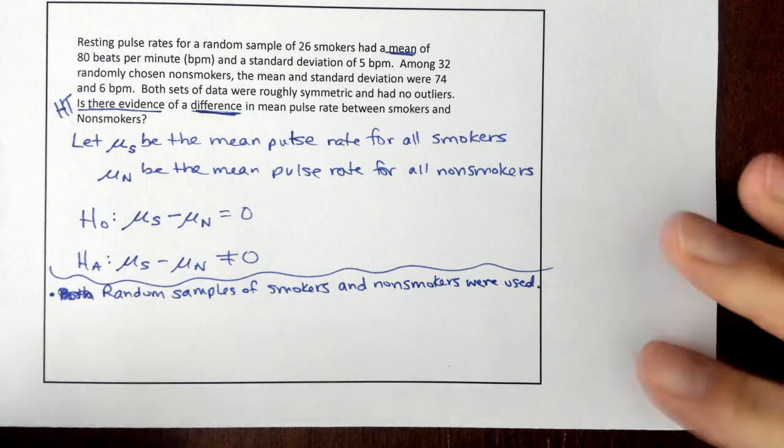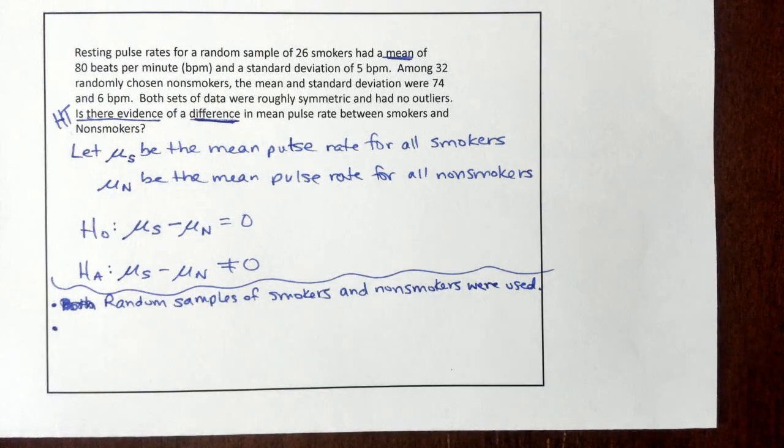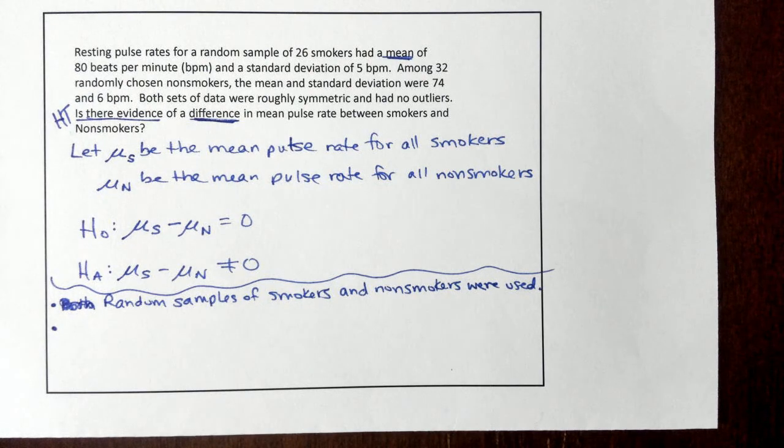All right, number 2, independence within the groups. So we're going to assume the pulse rates. I'm actually going to squeeze in the independence for the 2 separate groups on this one. So we're going to assume that smokers and non-smokers are independent groups.